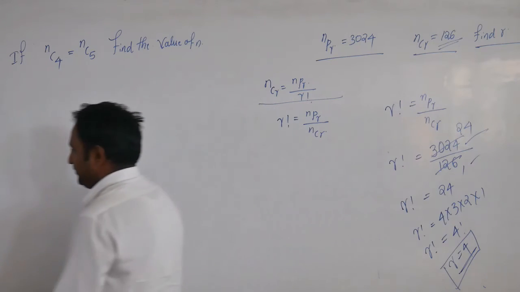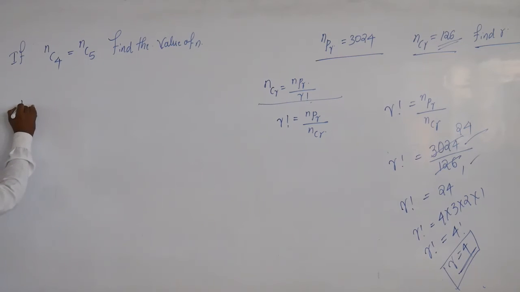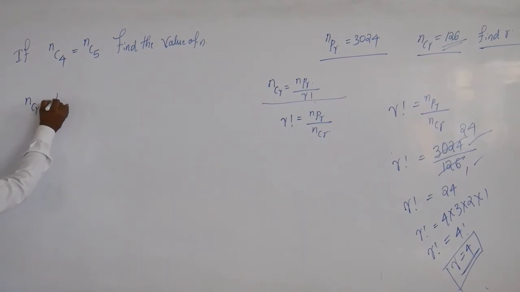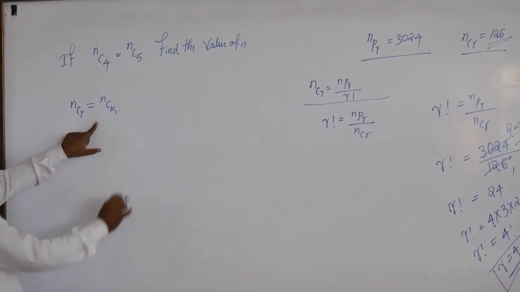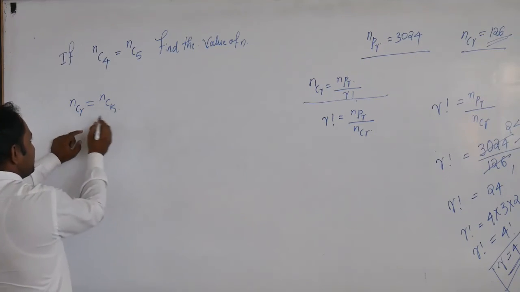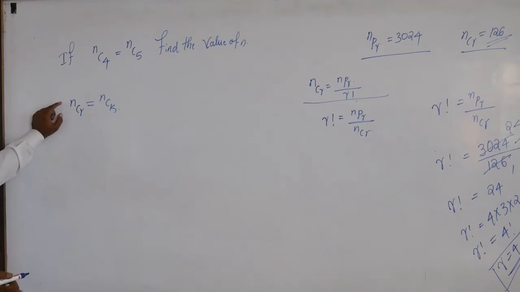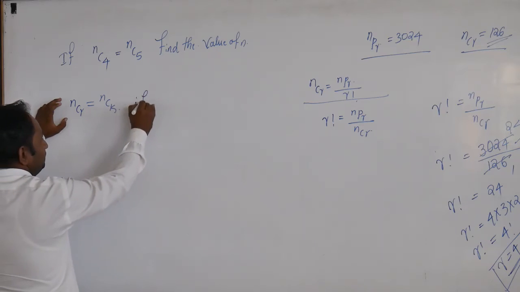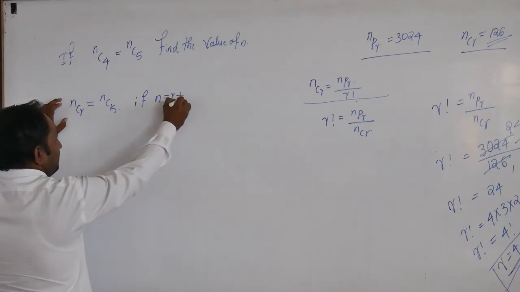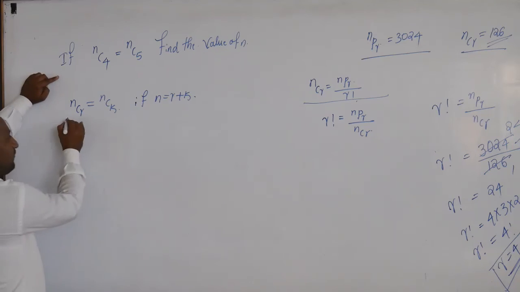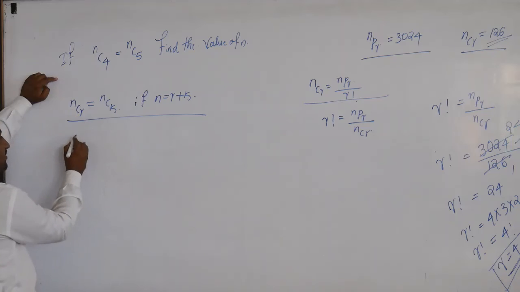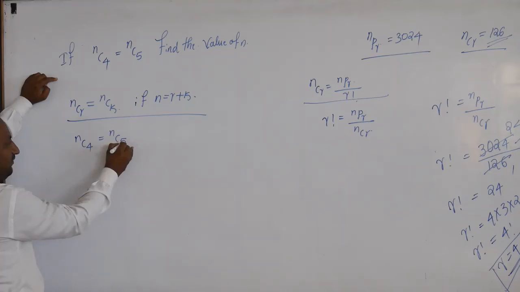Similarly, we know another formula: nCr is equal to nCk. In this case, these two values are equal if n is equal to r plus k. On the basis of this concept, we choose one example: nC4 is equal to nC5.